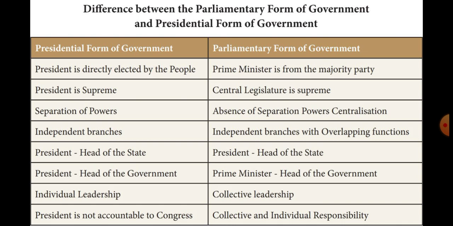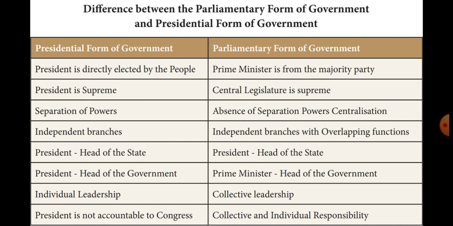In the presidential form of government, the president is the head of the state and the government, isn't it? So who elects the president? The president is elected by the people, that means the electoral college members elect the president, isn't it? But in the parliamentary form of government, the prime minister is from the majority party.